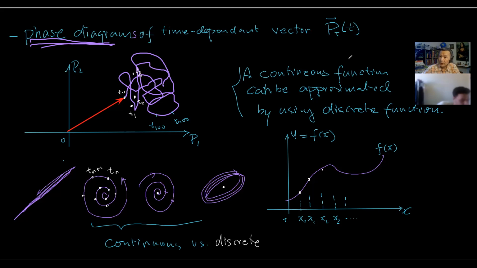Nobody is interested in what the stock price will be in the next millionth of a second. So that is a bridge. This is a very general idea: we can bridge the continuous function by using a discrete function.